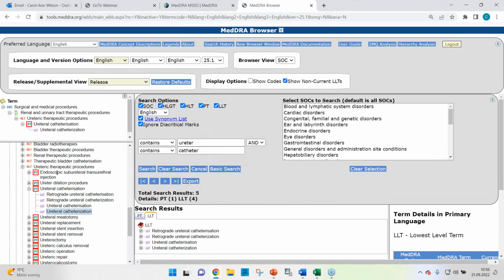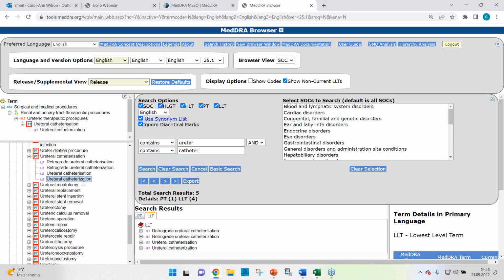So let us look at the neighbors here. We are under HLT ureteric therapeutic procedures, so something should be there. Maybe there's something more specific. And here we have the ureteral stent insertion. So this seems to be more appropriate than just ureteral catheterization.